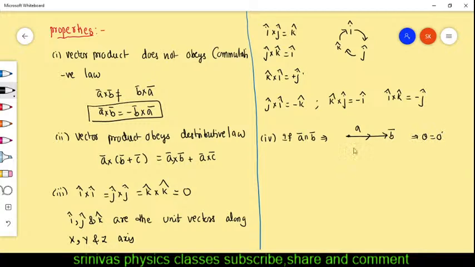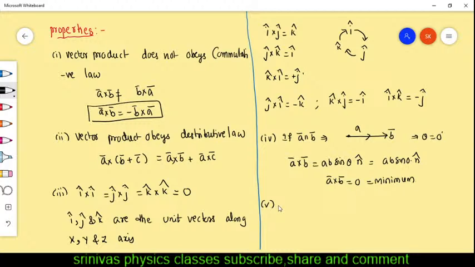When the angle between the two vectors is 0, then what is the cross product? A bar cross b bar formula is ab sin theta n cap. And here ab into sin 0 we will get, sin 0 into n cap. Finally, we are getting the cross product as 0. 0 means minimum. If two vectors are parallel to each other, then the vector product is minimum.